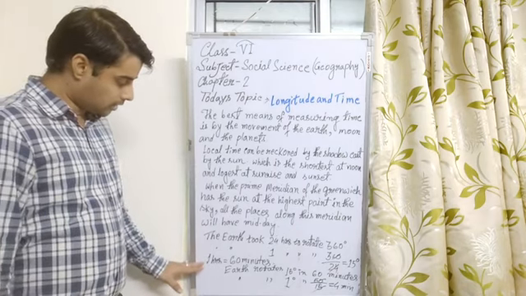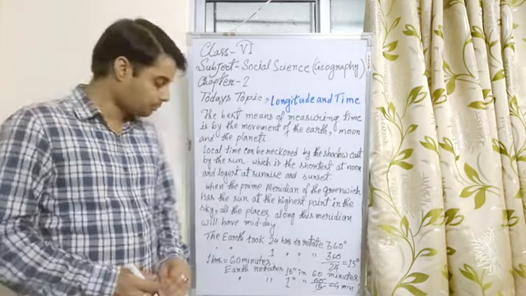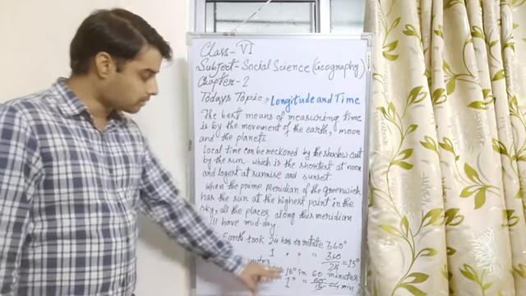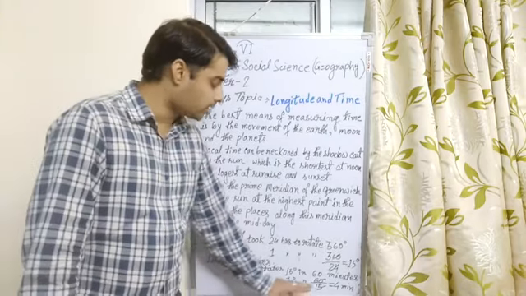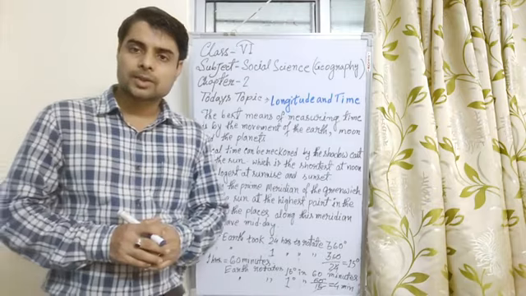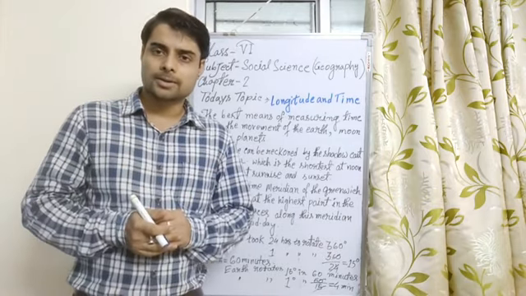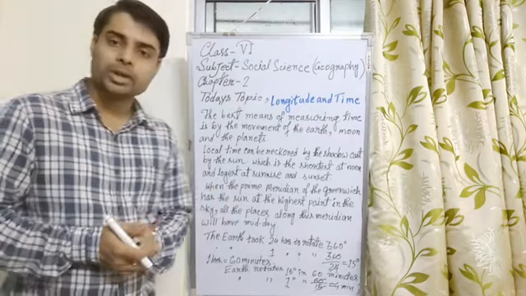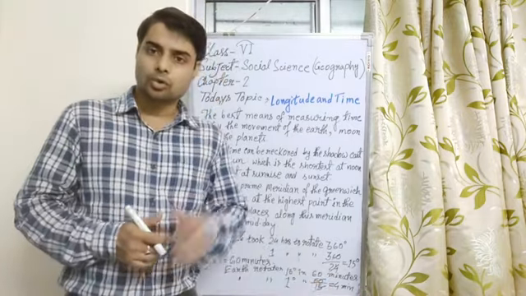In a similar way, 1 hour equals 60 minutes, so the Earth rotates 15 degrees in 60 minutes, and then the Earth rotates 1 degree in 4 minutes. Using unitary methods, we can calculate that the Earth takes just 4 minutes to rotate 1 degree, that is, 60 divided by 15 equals 4 minutes.